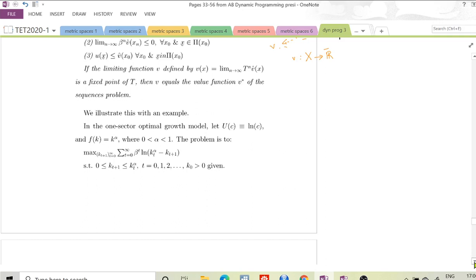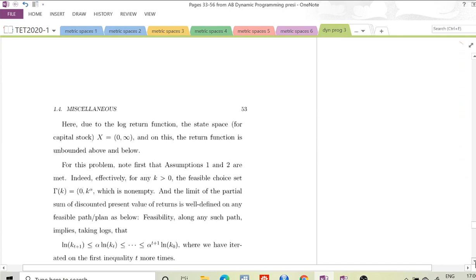But let's look at the optimal growth model where the per period utility u of c is log c, and f of k is k to the alpha, where alpha is between 0 and 1. So then the problem boils down to maximizing this discounted present value. And because of the log, this thing is not bounded, neither above nor below, because as things approach 0, the log shoots to negative infinity also. So there's neither an upper bound nor a lower bound.